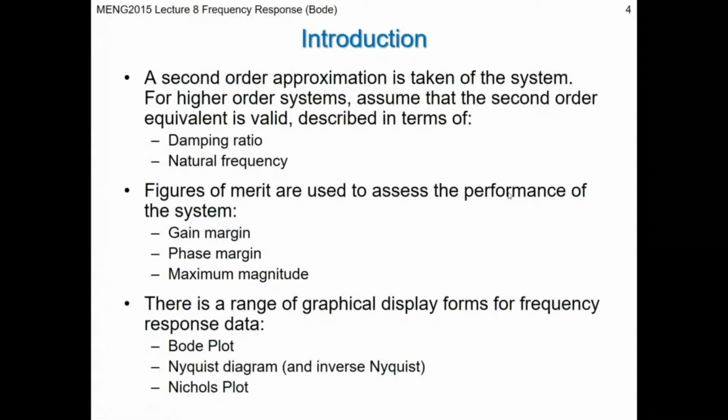We also have a range of different ways of displaying our frequency response data. The one we're going to deal with in the course is the Bode plot. We'll have a quick look at the Nyquist and the Nichols, but we won't go into them.